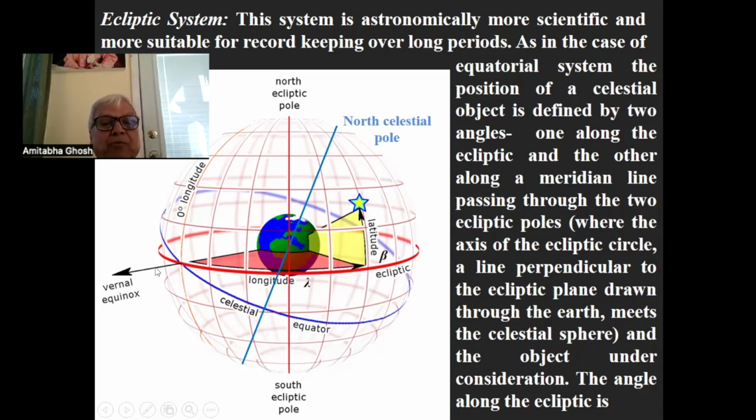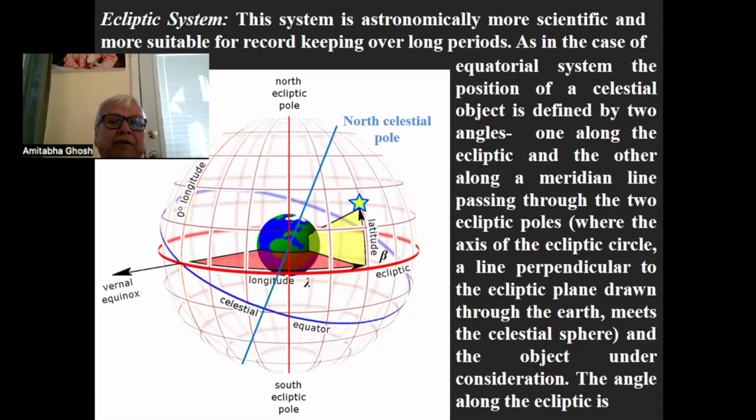Now the question is, we have already discussed that because of the precession of the equinox, this equinoctial point, the intersection of the equator and the ecliptic, slowly shifts towards the west along the ecliptic at a rate of approximately 50 arcseconds per year, or 1 degree every 72 years.